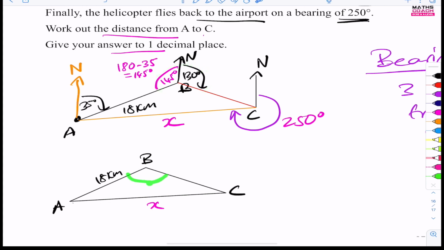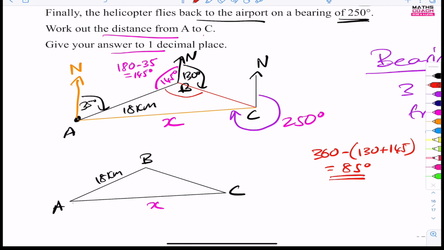So this angle right there would be 360 minus 130 plus 145, and that gives us 85 degrees. So we can write in here 85 degrees.